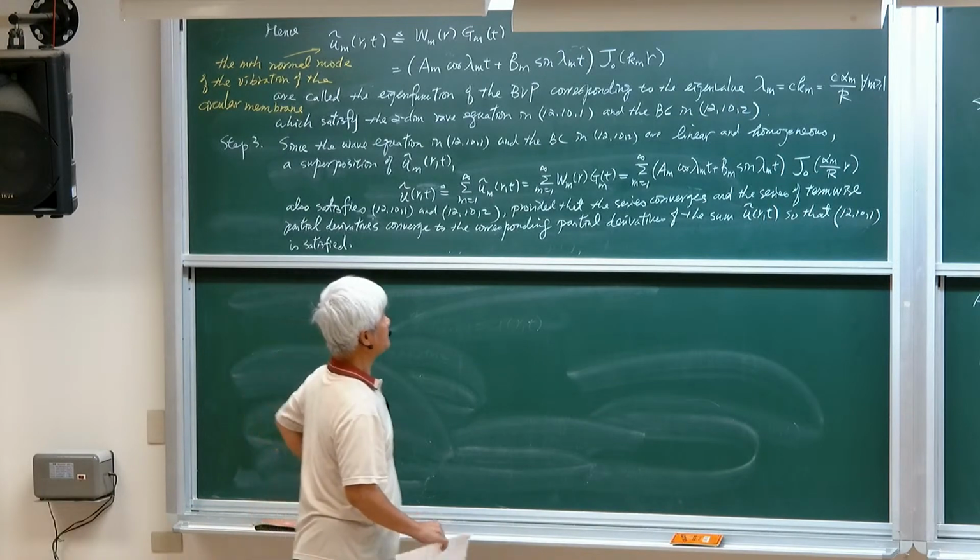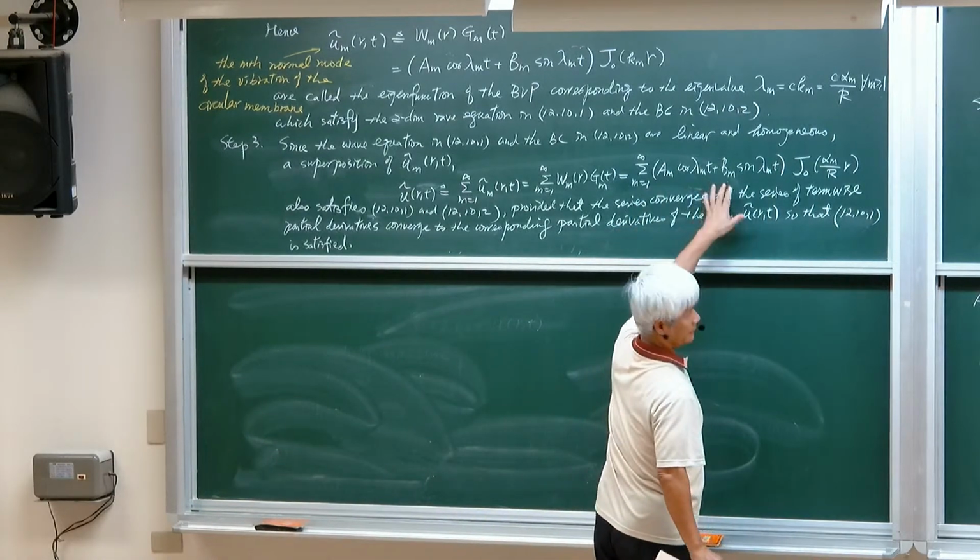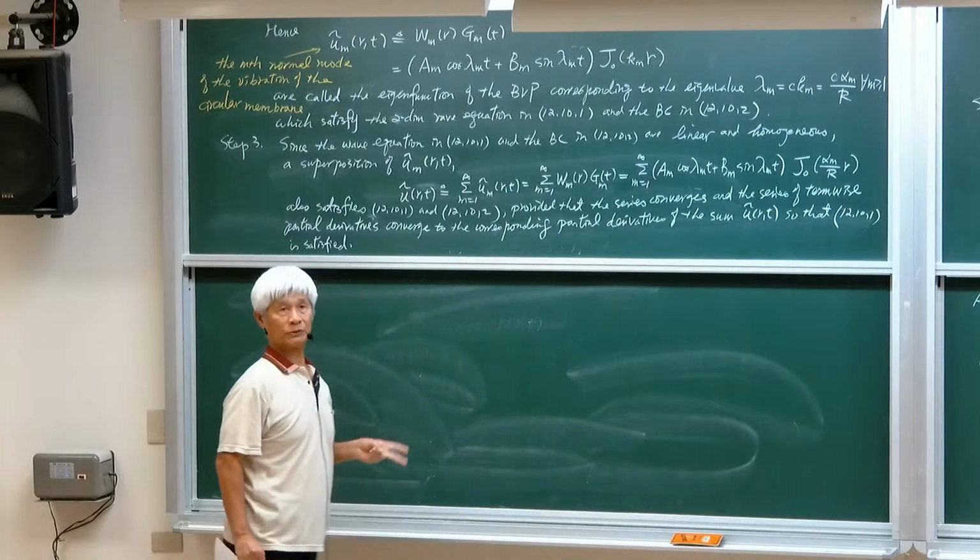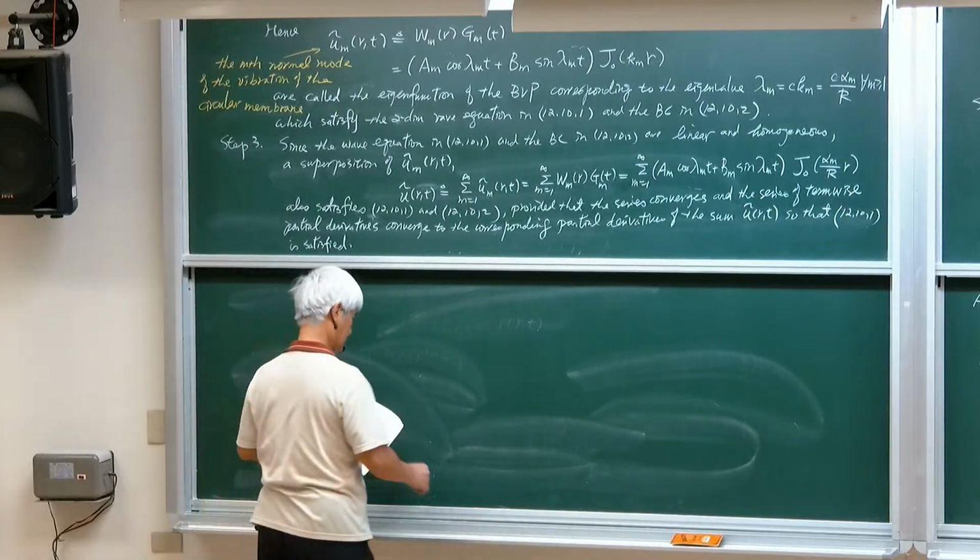And the A sub n, B sub n will be determined by the two initial conditions.